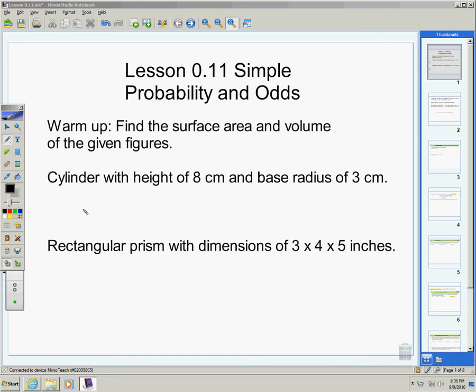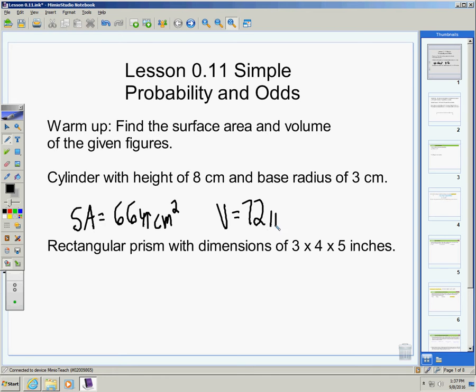So for the first one, for this cylinder, and make sure to pause this and try it before you check these answers. But for the cylinder, surface area would be 66 pi centimeters squared, and for the volume it would be 72 pi centimeters cubed.